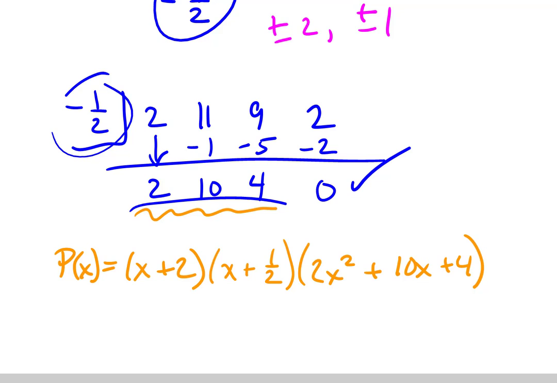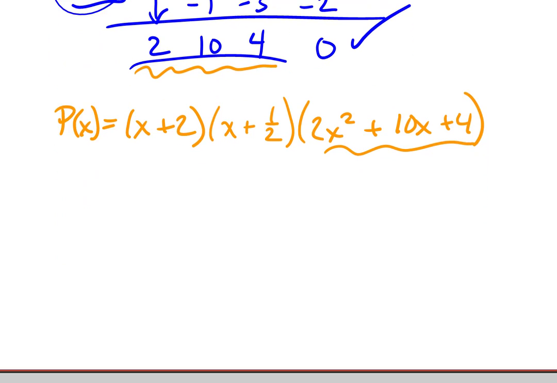And now we're just using these coefficients in their order, 2, 10, and 4, which means we're getting there. Now we're left with a couple of binomial factors, but then a trinomial. A trinomial factor, especially one that's quadratic like this, could possibly be factored using a factoring method for a three-term trinomial, or if that doesn't work, we might have to try something else. Let's go ahead and see if we can get it that way.